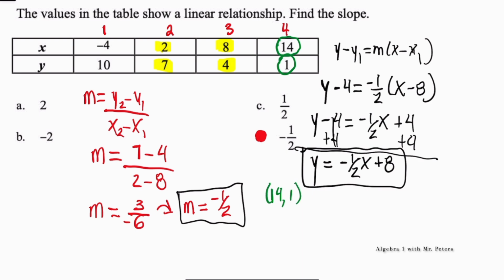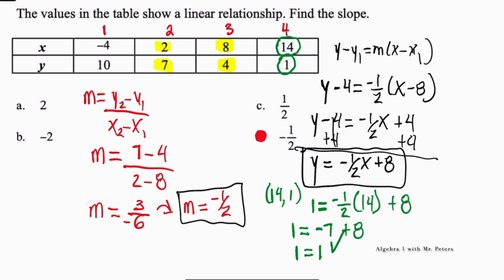Just plug it into the equation, meaning what? 1 is equal to negative 1 half times x, which is 14, plus 8. So now we're saying that 1 is equal to half of 14, that's going to be negative 7, plus 8. Now we know 1 is equal to 1. We both agree that's a true statement.